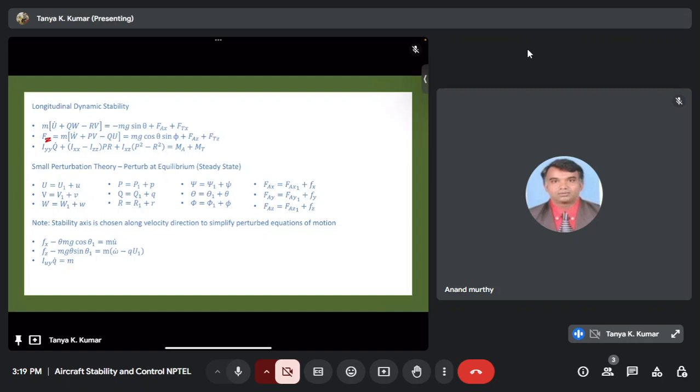So what is the equilibrium point for an aircraft? What is the equilibrium point for an aircraft in the longitudinal dynamic sense?